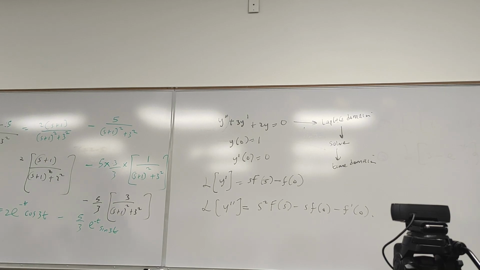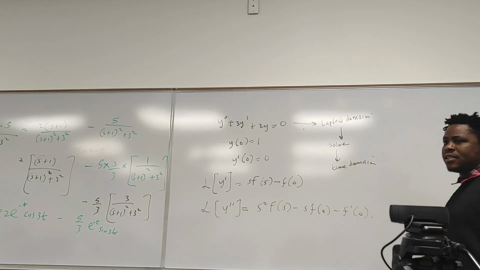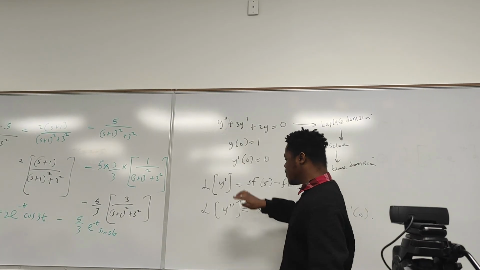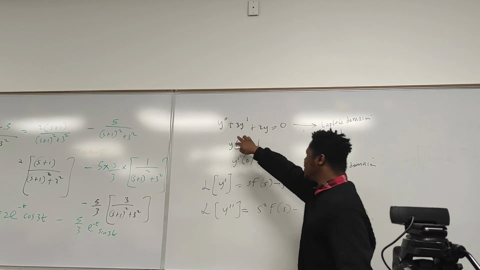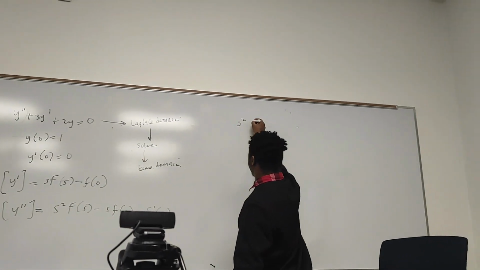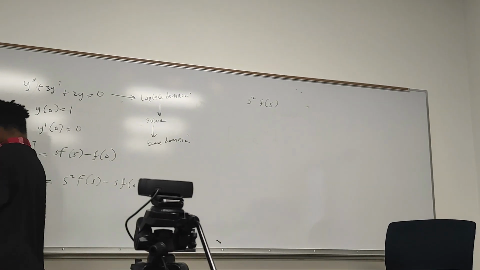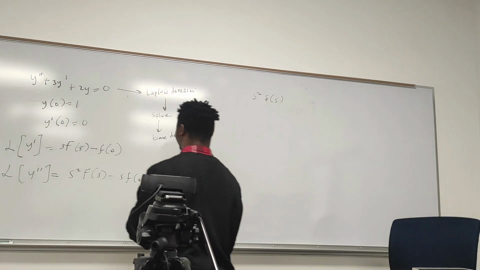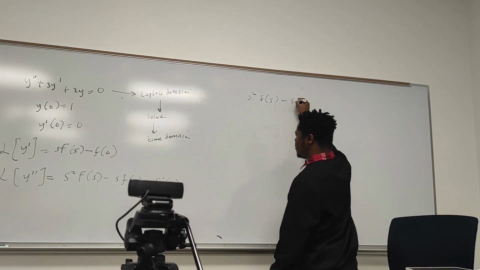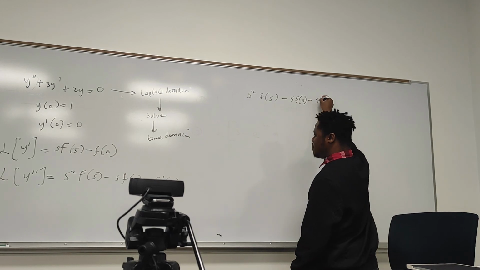Okay. So using this formula, we convert all of them to Laplace. To start, this is y double prime, a second derivative, so everything here under Laplace transform becomes s squared F(s) minus s f of 0 minus f prime of 0.